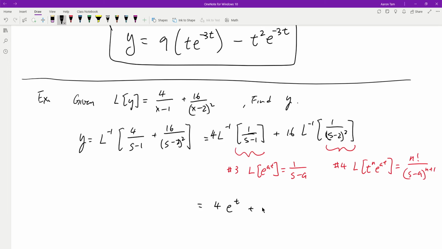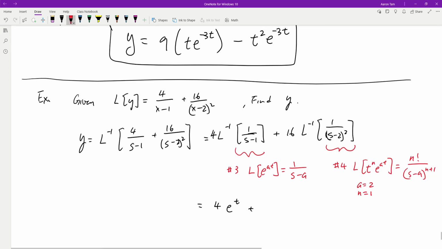So now the question is, what do I do with the second one? The way to do that is to identify two numbers from formula number 4 that match the equation. In this case, I can see clearly that a would be 2 and n is 1. So I do need an n factorial on top, which is 1 factorial, and technically that's 1, and we do have a 1 on top.